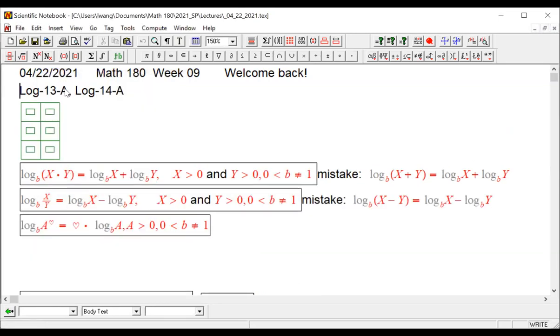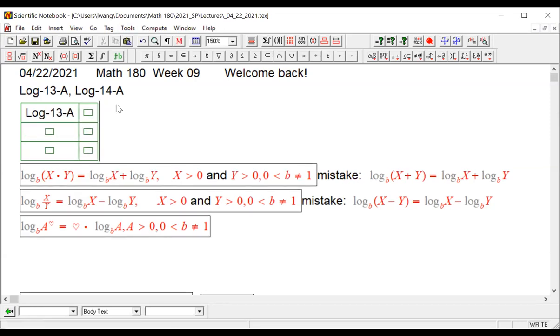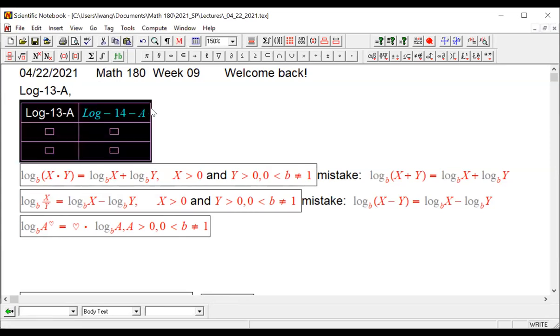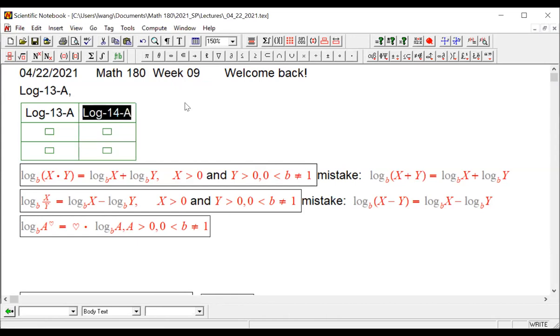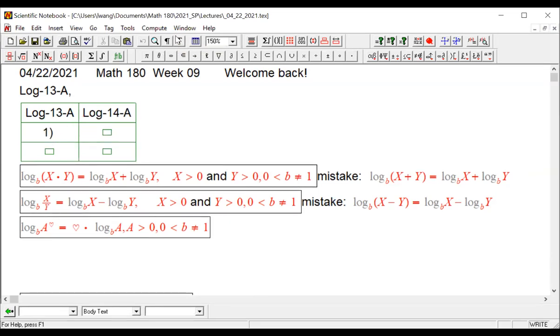One is from 13a, and the other one is from 14a, just for the fun of it. So number one, I choose one from 13a. Here we have log base 3.